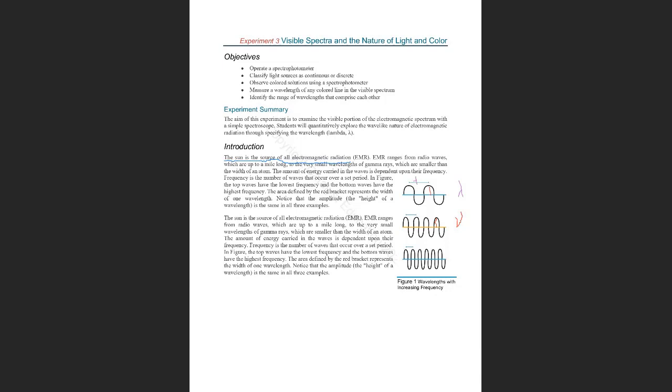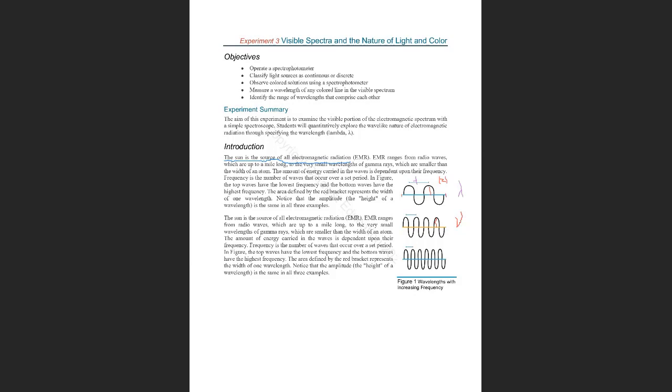So if we want to know which one has the lowest frequency, we have to count the number of cycles in a given period of time. If we look at the top, how many cycles? We can count the crests. We have 2 in this period of time.